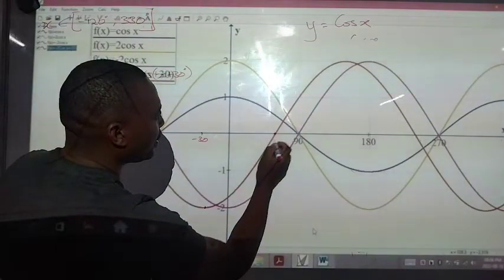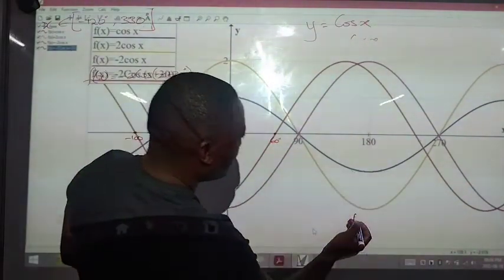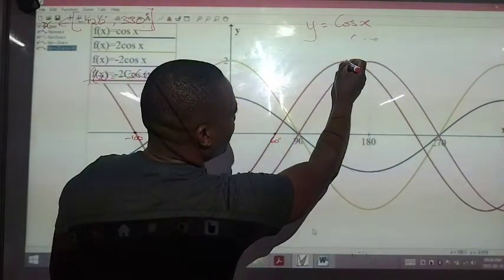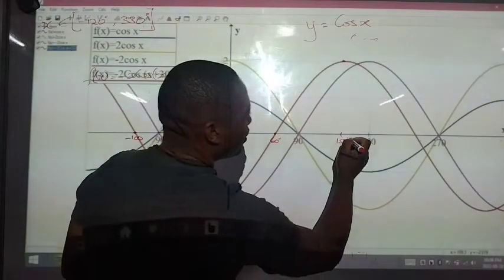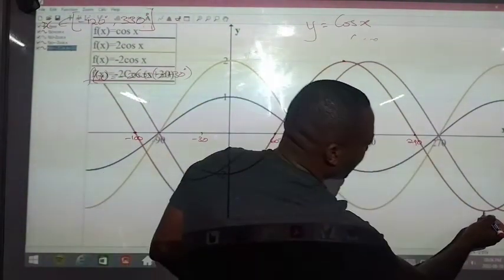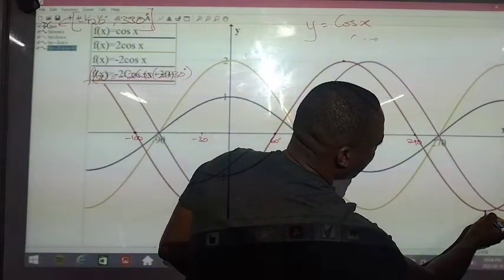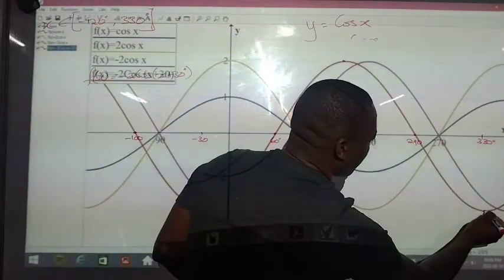Then here, it's 60. Then here, that will be 150. And then here, that will be 240. And then for this critical point, that will be 330 degrees.